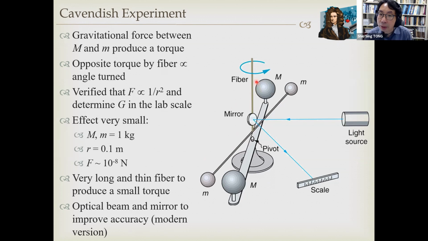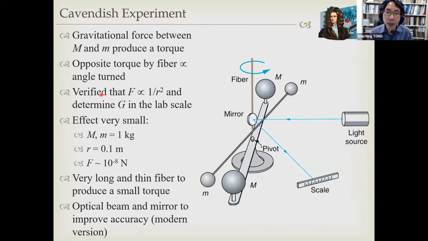So that's why you can use a very thin fiber to measure the tiny torque produced by the gravitational force. That was technically very difficult in the old days, but Cavendish succeeded in doing that.